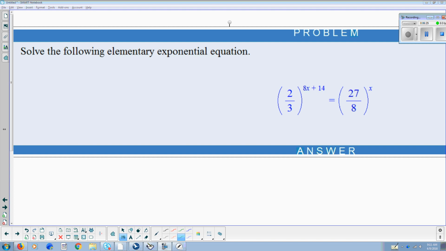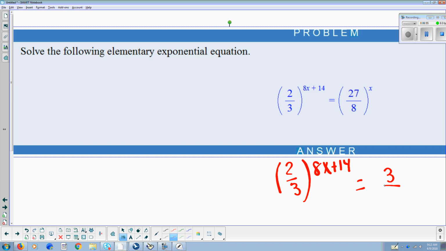So here, let's consider, I've got a fraction 2/3. 2 and 3 are both prime, so I'm just going to leave this as 2 over 3 to the 8x plus 14. On the right side, if you know those key powers of 2 and 3, it really helps you out, because 27 is 3 to the third, and 8 is 2 to the third.